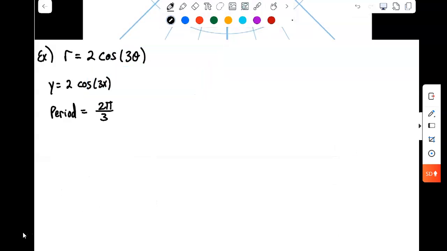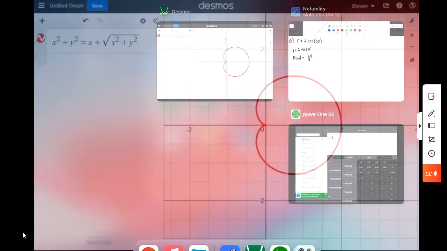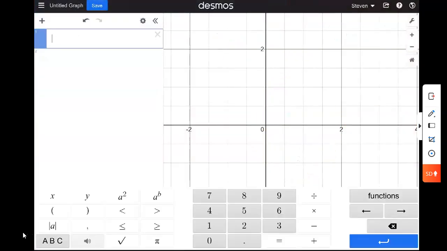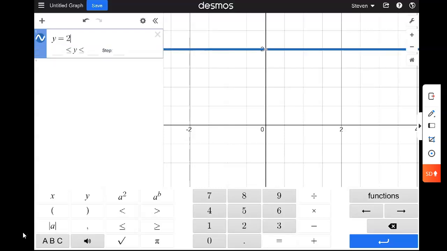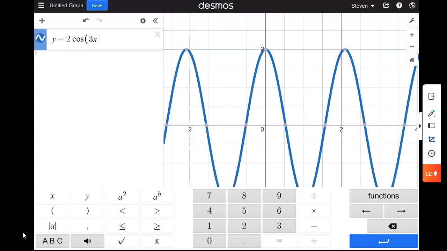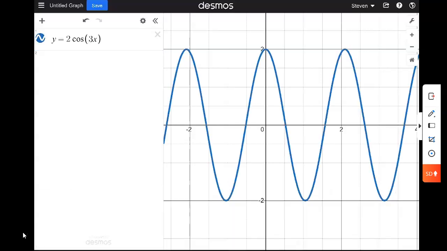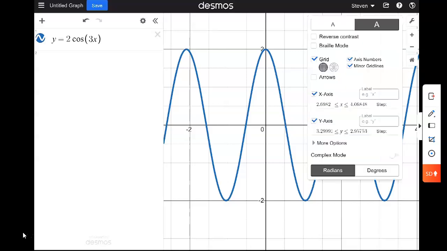Now we could graph this by hand. I'm just going to go ahead and use my Desmos to graph this, just so it saves us a little bit of time. So there's my graph. And I need to go until I get to 2 pi. So let me do a little bit of adjusting here on my x-axis.